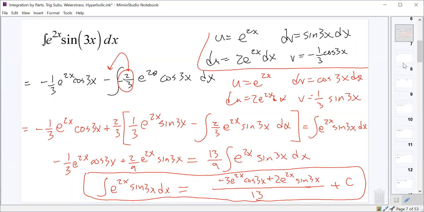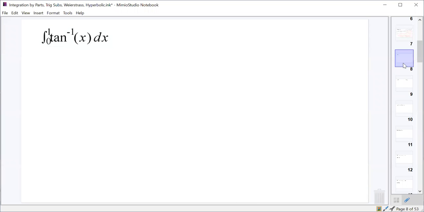All right. Let's do a definite integral here. Let's find the definite integral from 0 to 1 of inverse tangent x. So what's the most complicated thing in there that you already know the integral of?